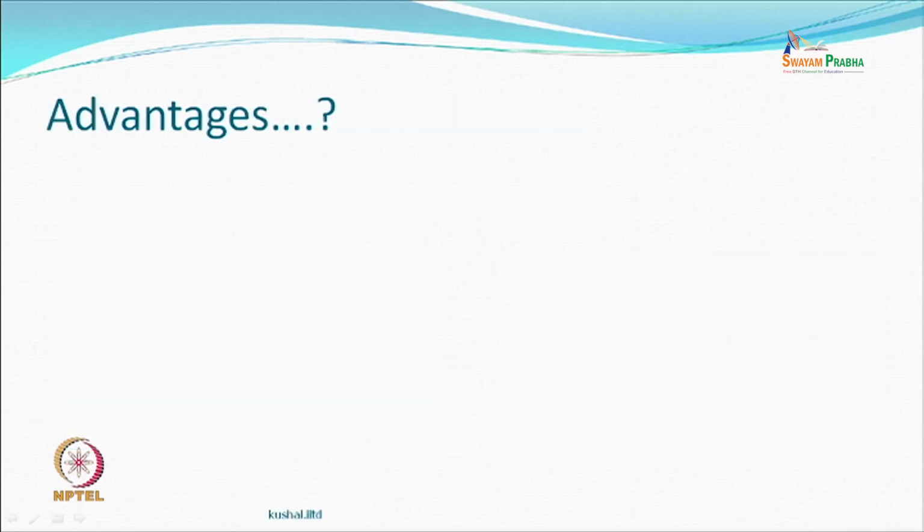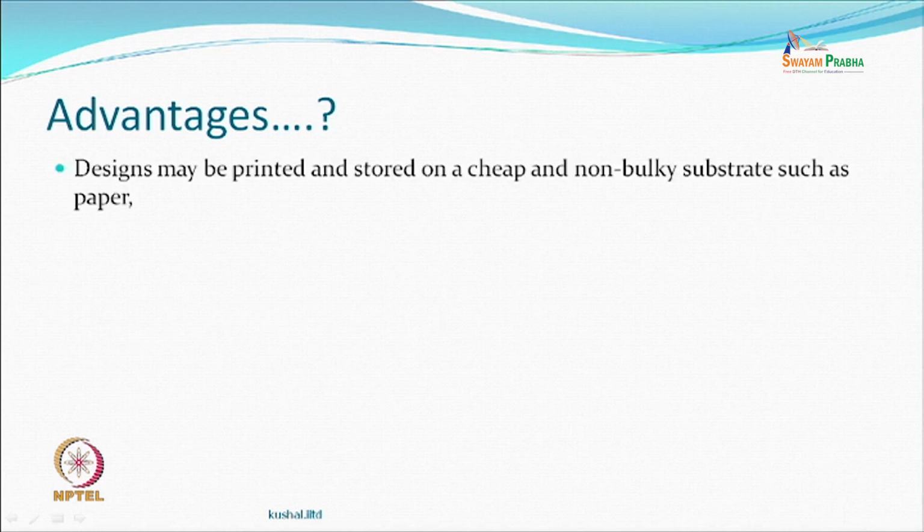So some common sense advantages that we can talk about. Designs may be printed and stored on a cheap and non-bulky substrate. The bulk of a paper is very less, the thickness of a paper is very small.